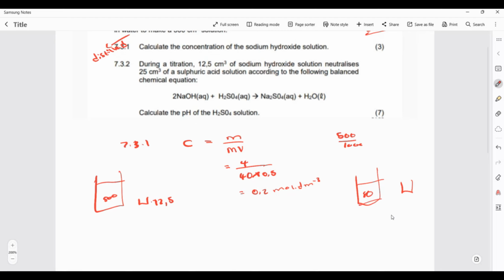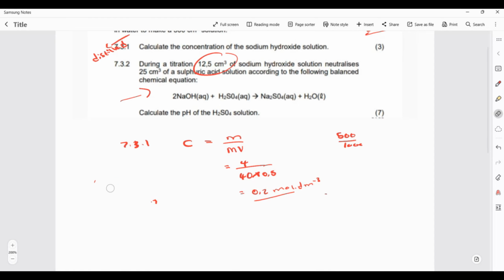Meaning, concentration, the taste is the same. So the concentration will be the same. The difference will be only the volume. Get my point? Now, meaning our concentration, even on this question, will remain as 0.2 because we only took 12.5. The difference is only the volume over there.